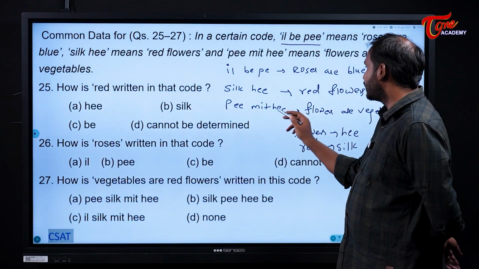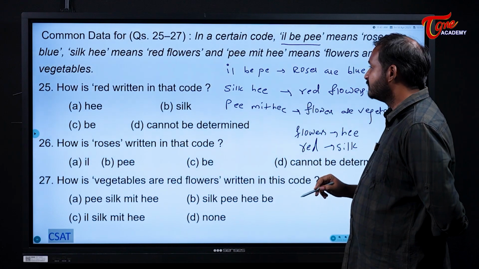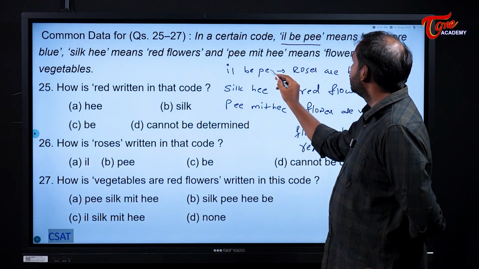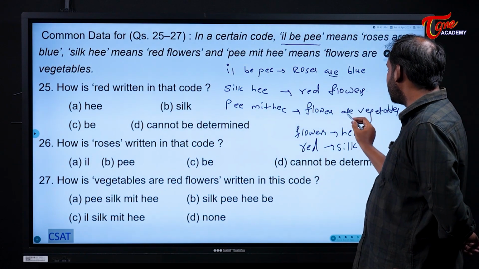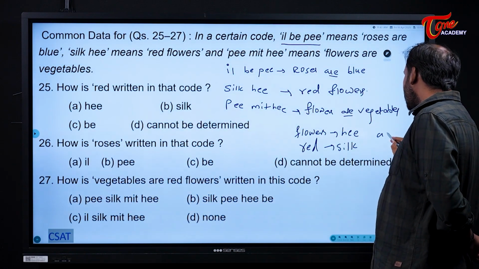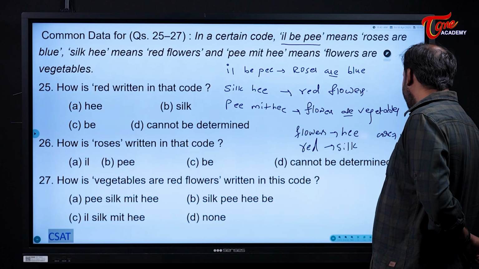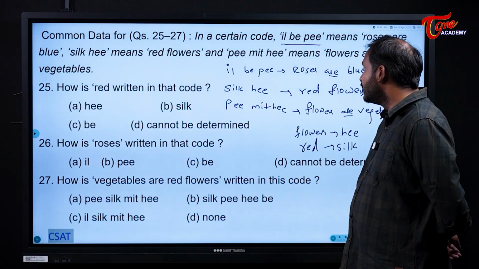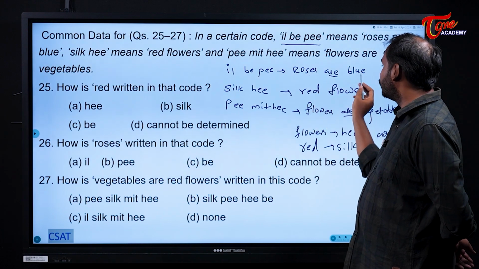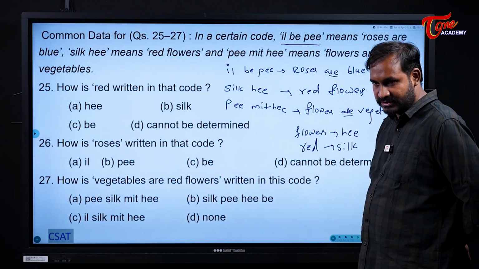Next, if you observe carefully, the first and the last one. What is common in the first and last one? R and R. So the code for R will become what for us in this case? P. Because the common one between the first and last is P. But we cannot say exactly what is the code for roses, blue, and flowers are vegetables.